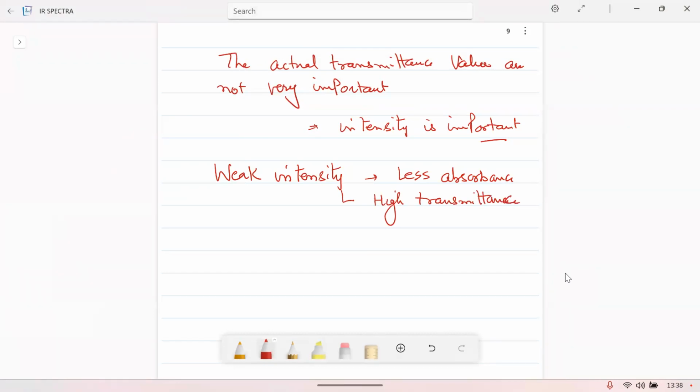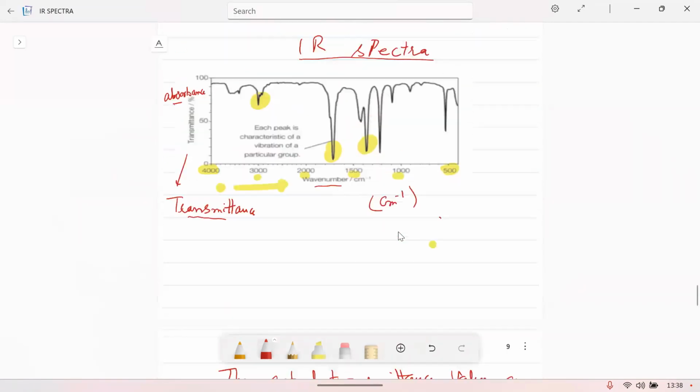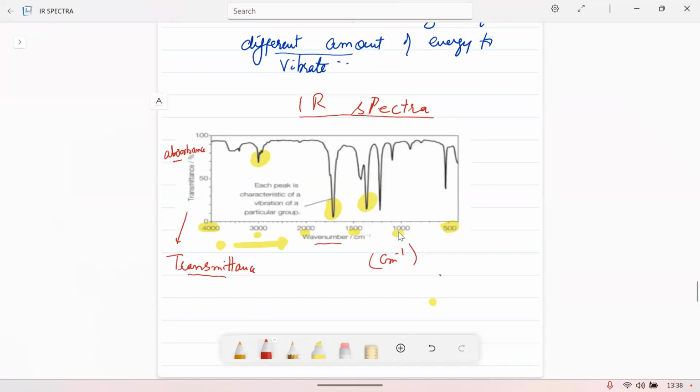And if you observe over here, high transmittance means the peak will be small, if on the y-axis you have transmittance. And if the intensity is high, it will be low transmittance. That means the peak will come down like this, because lower values are over here.